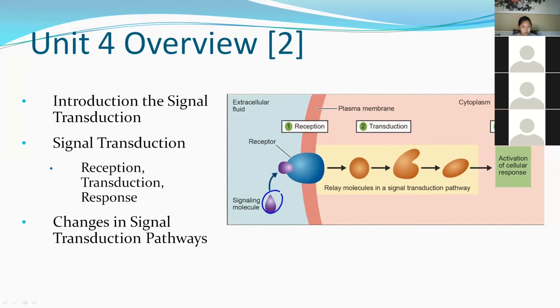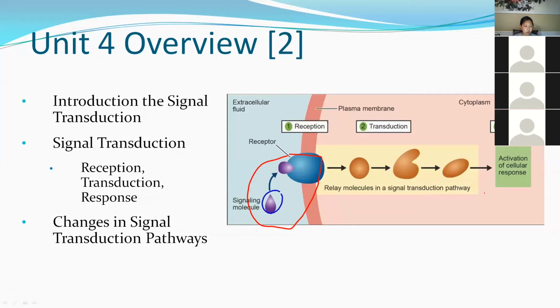Reception is the part where the signaling molecule is received by usually a membrane protein. Then it goes on to transduction, which is basically a cascade of events that happen until it hits the response, which is whatever the signal was meant to go do.